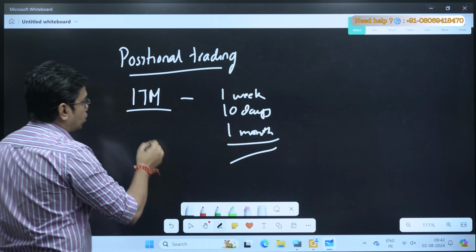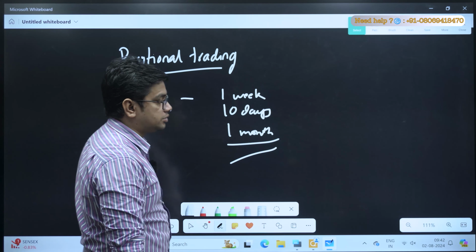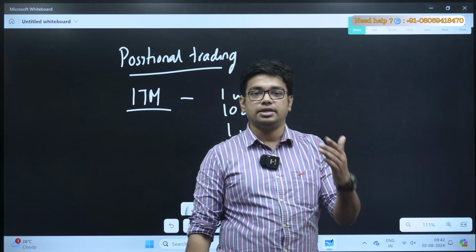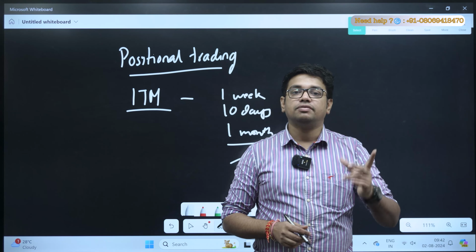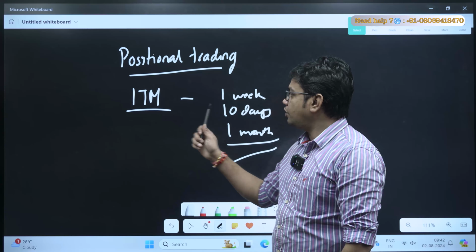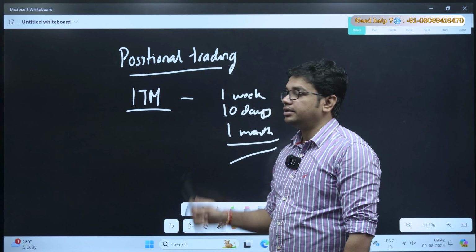So you should always go for the ITM strike, because as days pass, theta will increase. The time decay will increase and your premium will be reduced. So always go for the ITM while taking a trade in positional trading.